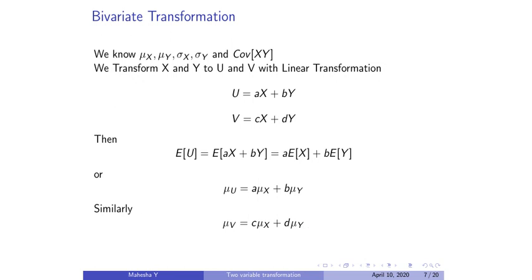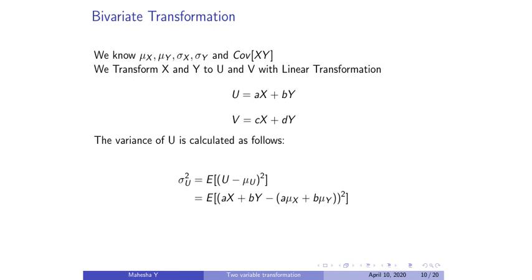So we studied how to identify the mean. Our next task is to find the variance. Sigma x square is generally expectation of x minus mu x whole square. So sigma u square will be expectation of u minus mu u whole square. Now substitute for u, which is ax plus by.